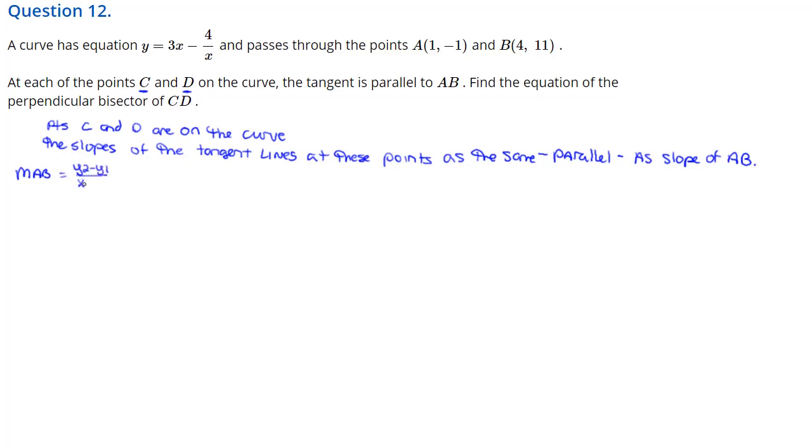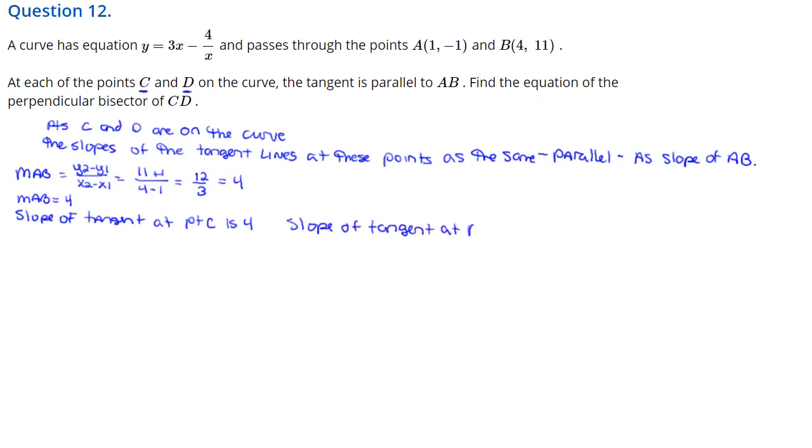Let's start with finding the slope of AB. The slope of AB is 4, and the slope of the tangent line at point C is also 4. And the slope of the tangent line at point D is also going to be 4.